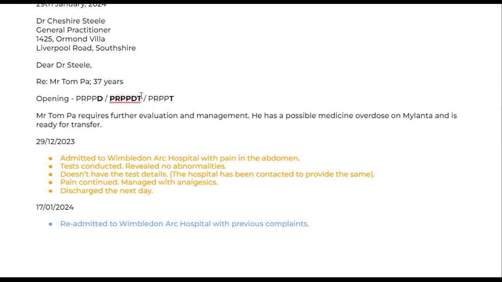The doctor is probably going to give an appointment next Monday, almost one week. So are you going to keep this patient in the hospital for one whole week? No. You will say, Mr. Pa, we have just contacted your GP. They are saying that they cannot schedule an appointment for you this week. We are sorry to say that.